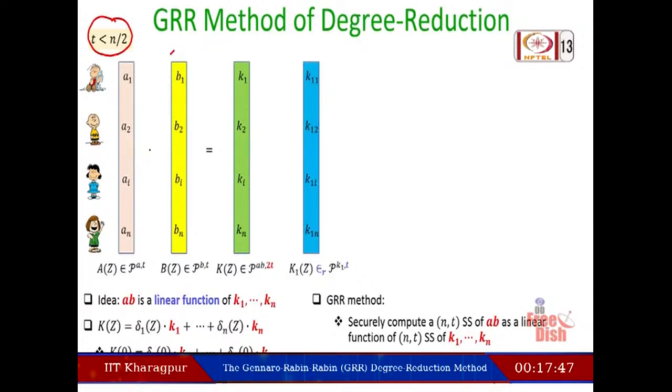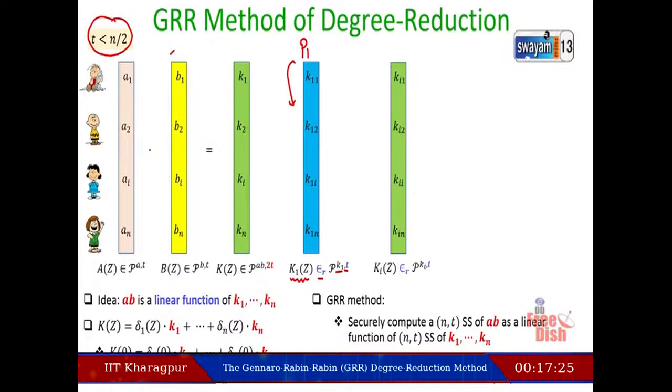So, we ask P1 to do this, namely it picks a random polynomial k1(z) of degree t and secret shares k1, namely it runs an instance of Shamir secret sharing to secret share the input k1. Similarly, P2 will be asked to execute an instance of Shamir secret sharing and secret share k2.